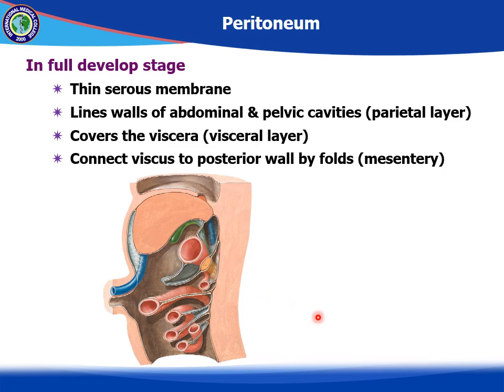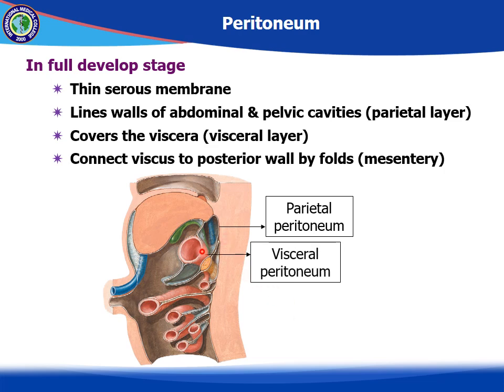These folds are usually called mesentery or meso. So here we can label like this. This is the parietal peritoneum. We can see the peritoneum adherent to the organ is the visceral peritoneum, and the folds that connect the organ to the wall are known as peritoneal folds.